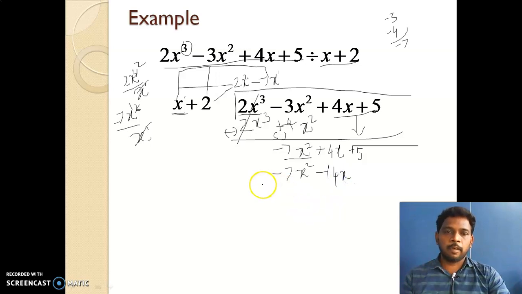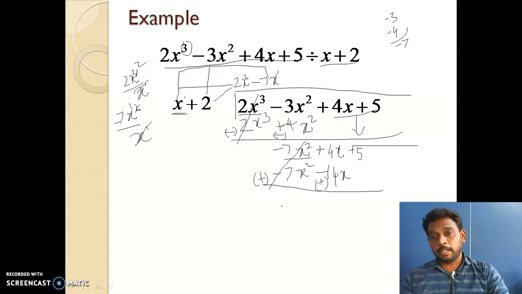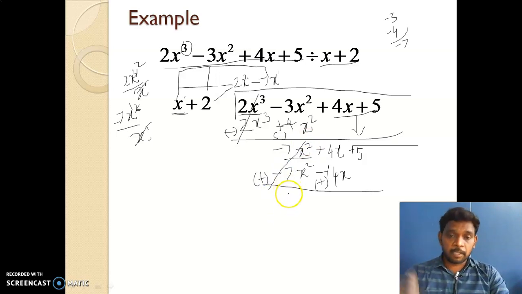Okay, so now we have to change the sign of the down expressions. So here minus is there, so plus, and here minus is there, again plus here. So here minus 7x square, here plus 7x square after changing the sign. So they are different signs with the same expression, so they get cancelled with each other. In each stage, the first term will be cancelled definitely. For that purpose only, we are changing the sign of the down expressions.